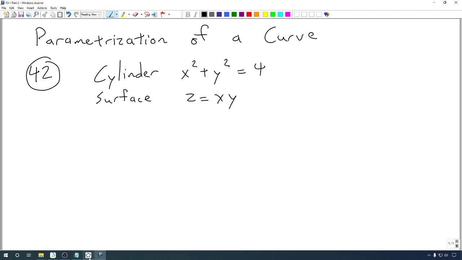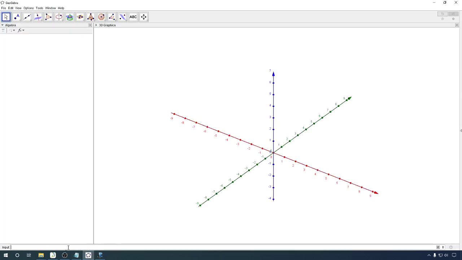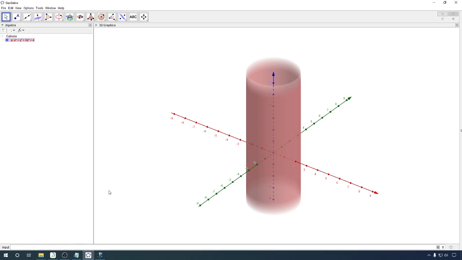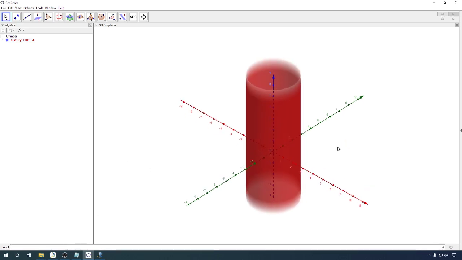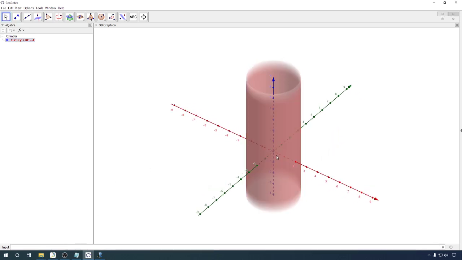So let's plot these two. So first the cylinder. Pretty standard cylinder. This is the cylinder around the z-axis with a radius of 2, because we have the 4 there. And then our surface of z equals x times y.